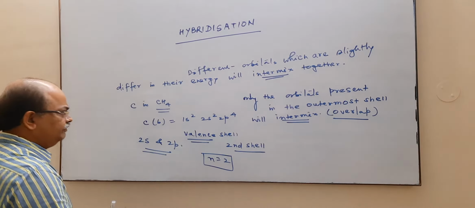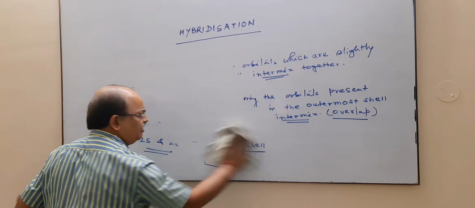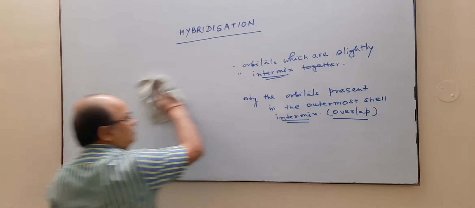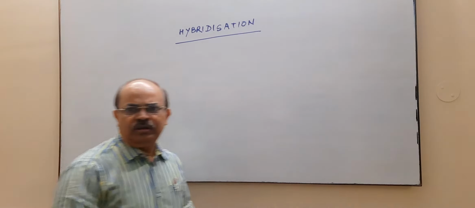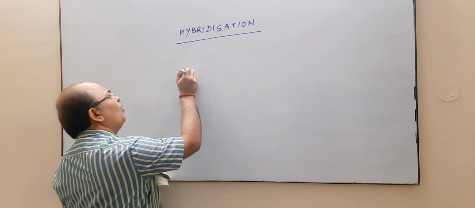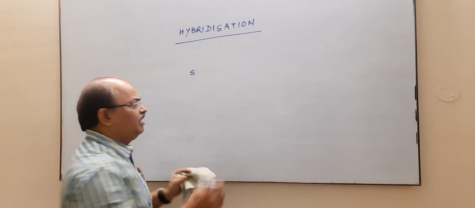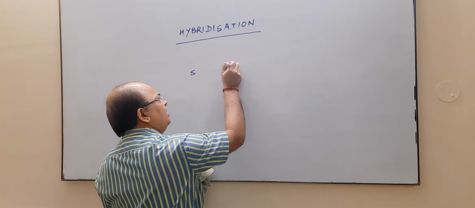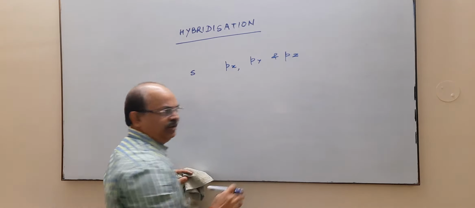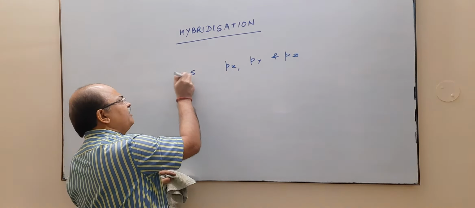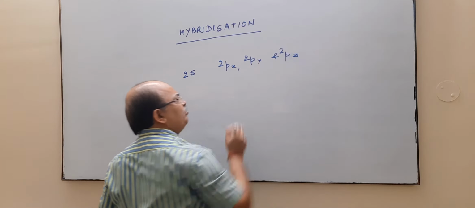Now, another main point of hybridization is, suppose we have one s orbital and 3 p orbitals. They are your px, py and pz. Suppose this is 2s, this is 2px, this is 2py and this is 2pz.